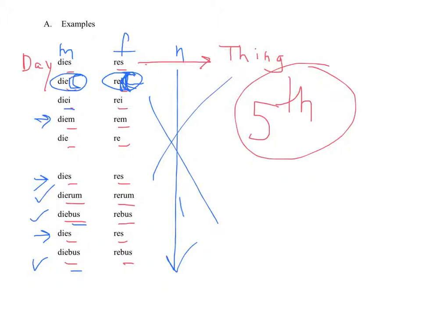You add an I for the genitive, an I for the dative, you add an EM for the accusative, you add an E for the ablative, and so forth and so on. So basically, if you memorize these two models, dies and res, you'll be able to do all of the fifth declension nouns that you encounter.